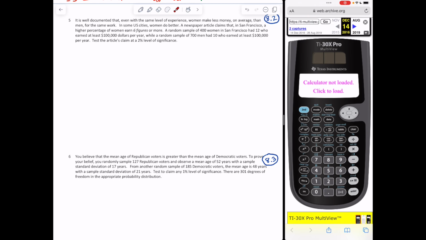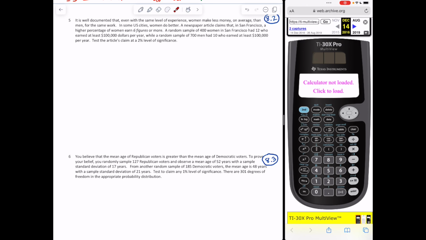Okay, that's a claim about a percentage, notice, and percentage is just another word for proportion. Higher percentage than men, maybe? It says a random sample of 400 women in San Francisco had 12 who earned at least $100,000, that's 6 figures, while a random sample of 700 men had 10 who earned at least $100,000 a year. So then it says to test the claim at 2% significance.